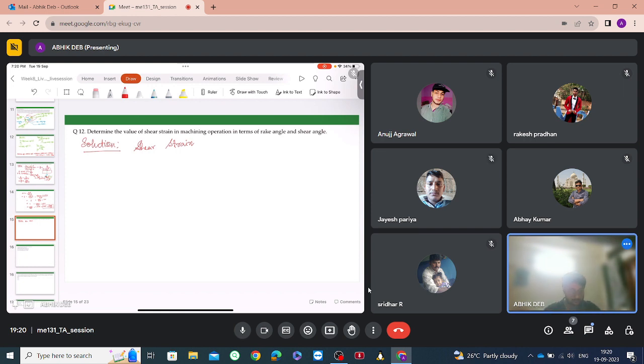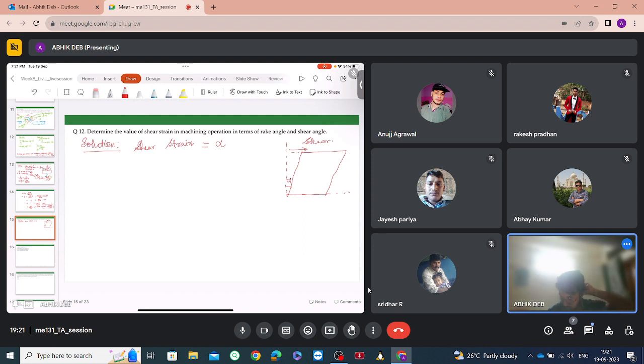I don't know if you have seen this diagram or not, but suppose this is an element which has got deformed like this, which was initially perpendicular. This is the action of the shear. Then the shear strain will be the value alpha. Initially they were perpendicular, now the angle has become alpha.